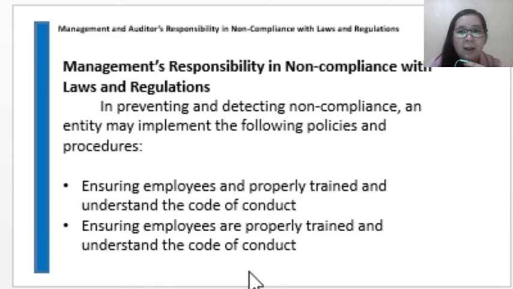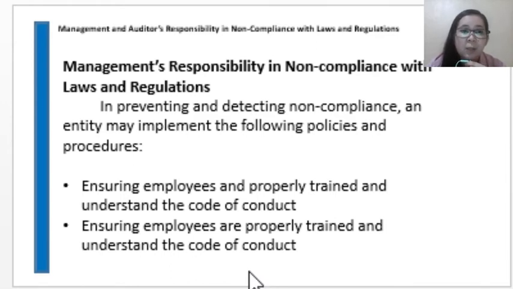Okay. Another is ensuring employees are properly trained and understand the code of conduct so that they will be able to follow it and comply with rules and regulations.